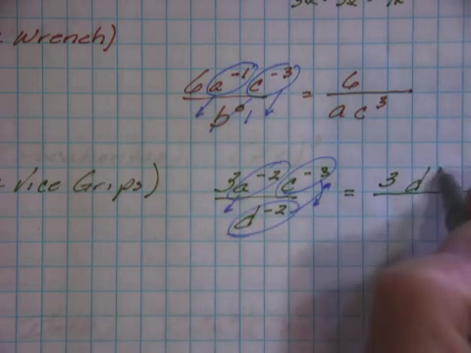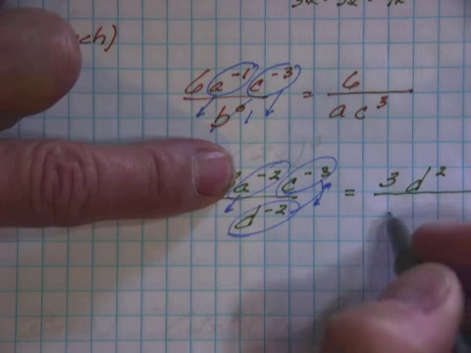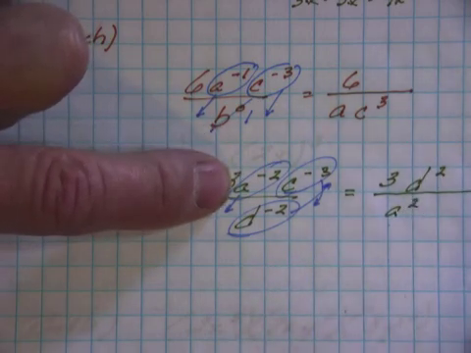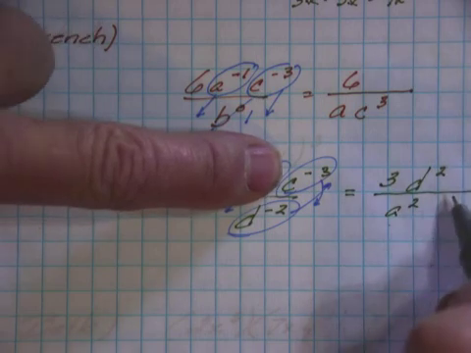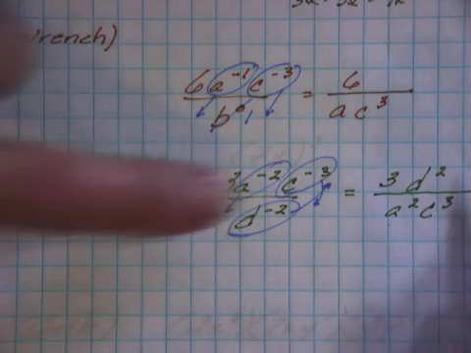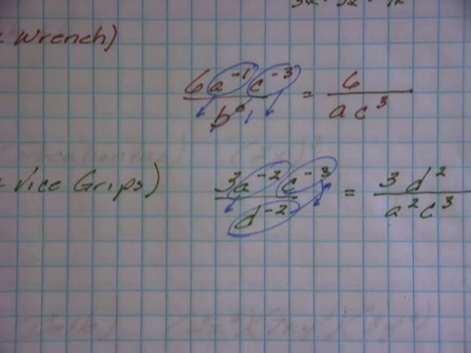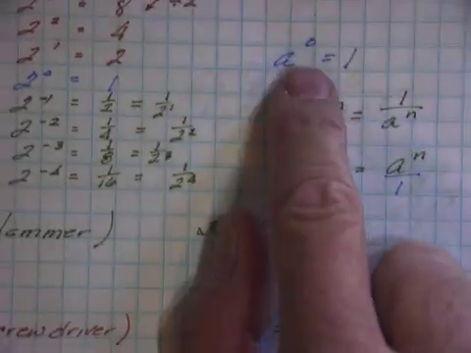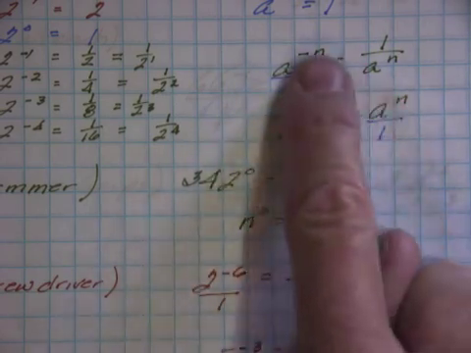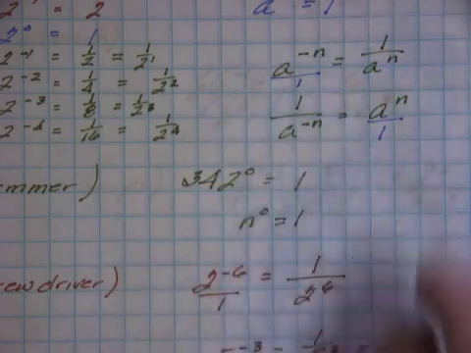And that will get rid of all the negative exponents. So this becomes 3. 3 had no reason to move. Over, oh yeah, I brought the d negative 2 moved upstairs, so that's d to the positive 2. A to the negative 2 in the numerator becomes a to the positive 2 in the denominator, and c to the negative 3 in the numerator becomes c to the positive 3 in the denominator.